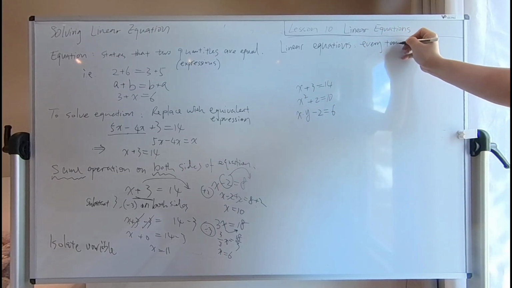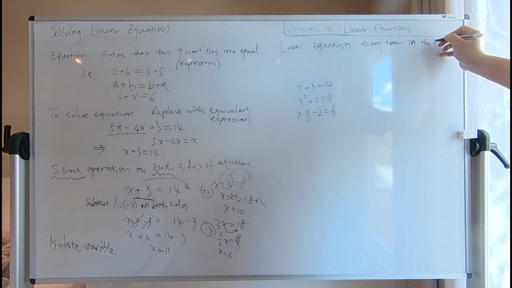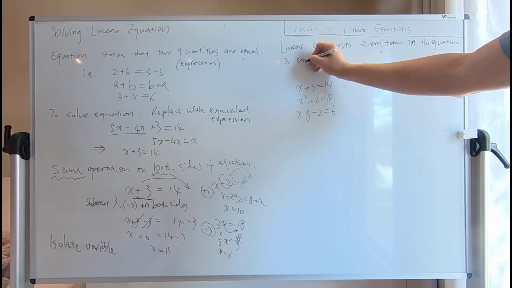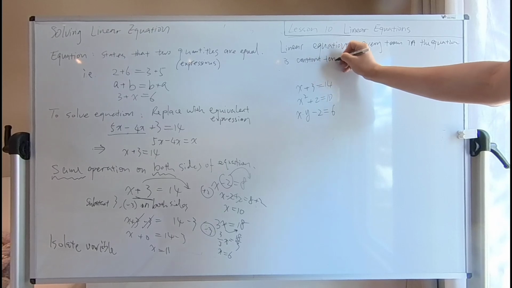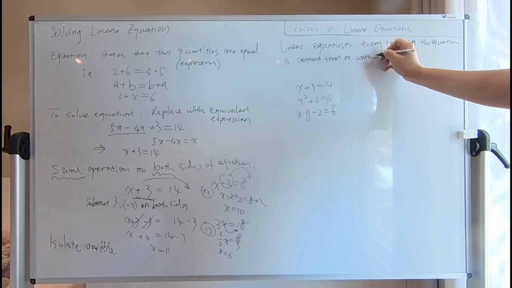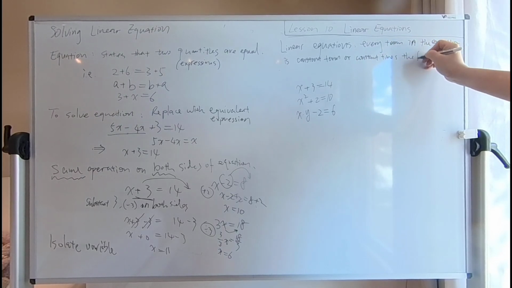So if every term in the equation is either a constant term or a constant times the first power of the variable.